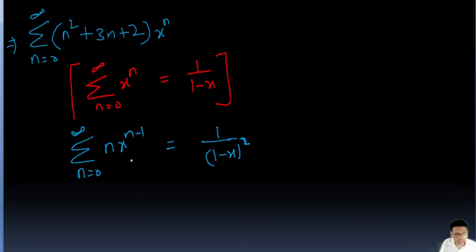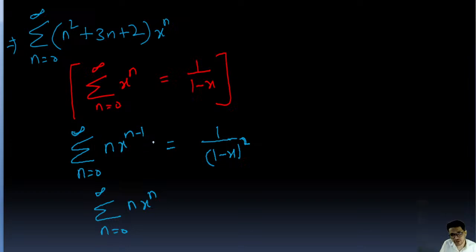Now again, we can write this one. What we can do is multiply this by x. If you multiply this by x, then this is going to be sigma n equal to 0 to infinity n x to the power n, because we are multiplying with x, right?